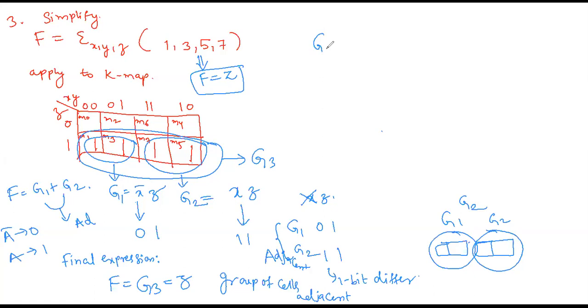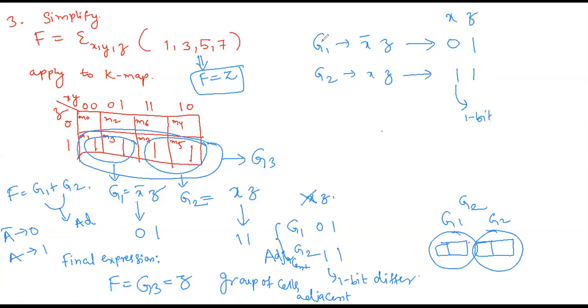Here G1 is X bar Z, G2 is XZ. If you convert into binary value, X bar means 0, Z is 1. XZ, both are variables, nothing but 1, 1. So this is X value, this is Z value. X value is differing by 1 bit, Z value is the same.